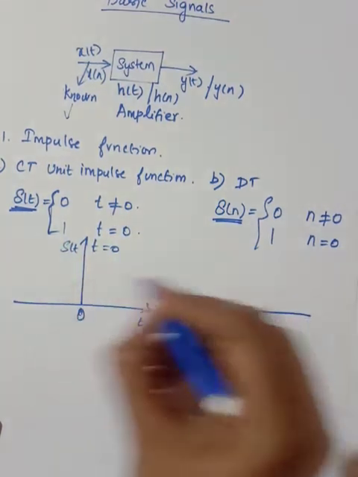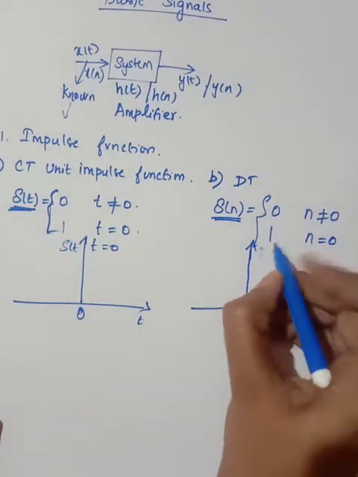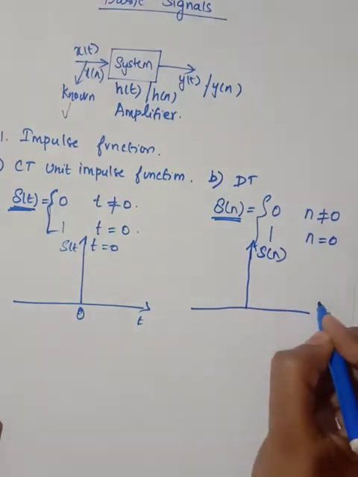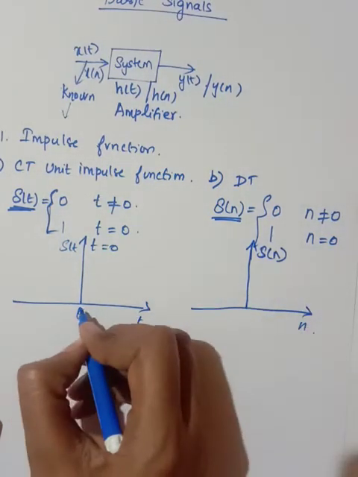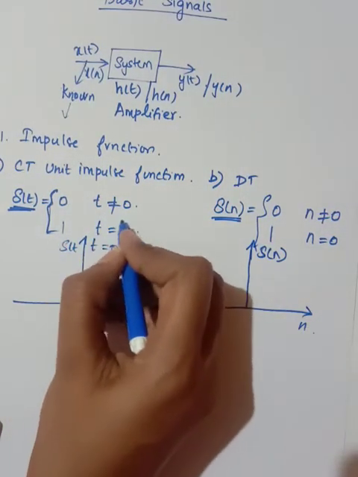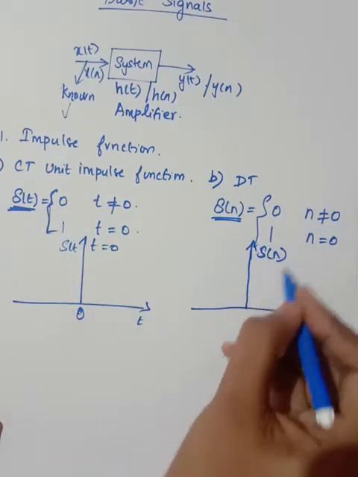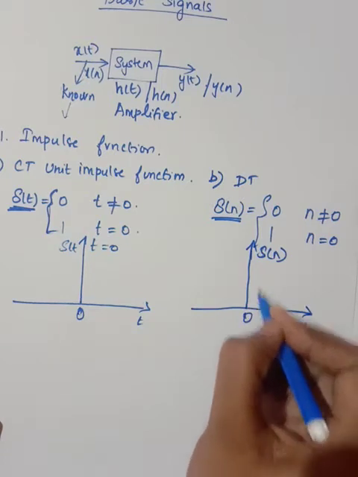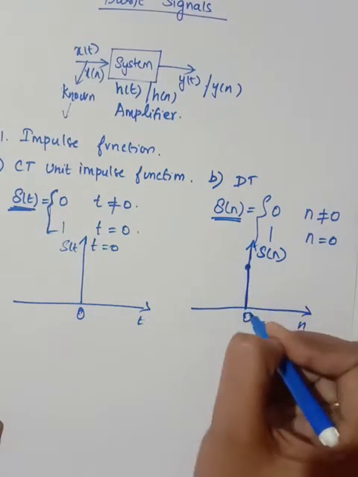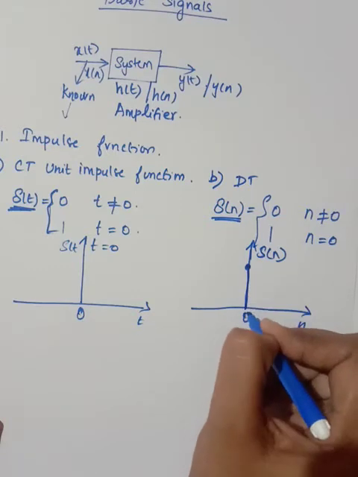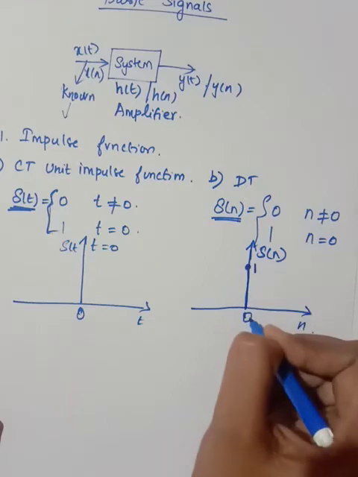Now I will draw how we differentiate the discrete and the continuous time. This is del of n and this is n. For both, at continuous time t equal to 0 you have 1, and at discrete time n equal to 0 the value is 1. I can draw the discrete one directly because we are going to predict the value at n equal to 0.